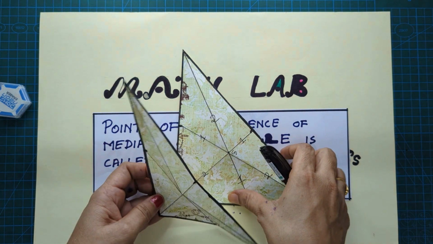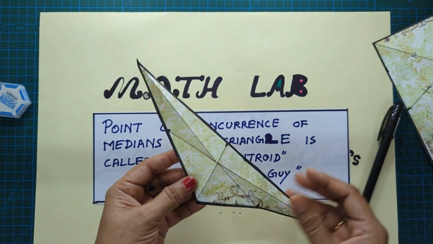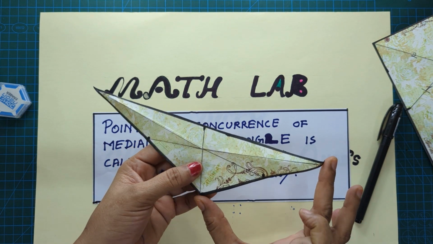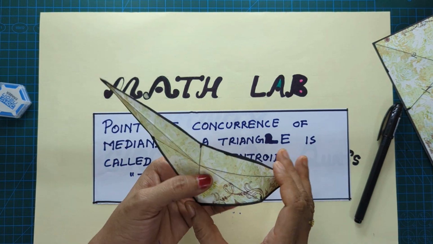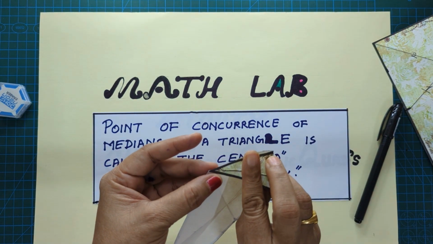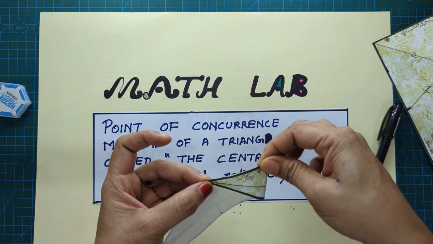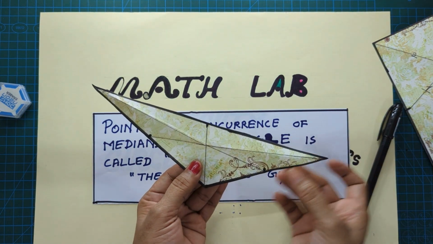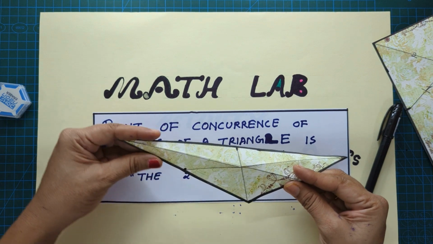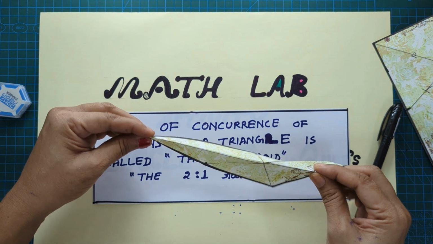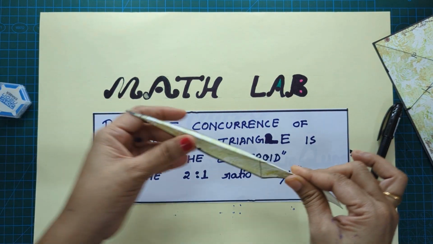Next, about the obtuse triangle. First, we will create the medians, which I already created, by holding these 2 points one above the other and just pressing, we get the midpoint of this side. And this midpoint, when pressed to the opposite vertex, we get one of the medians.